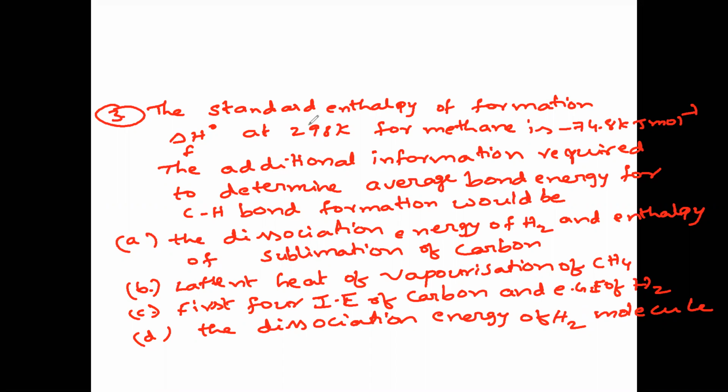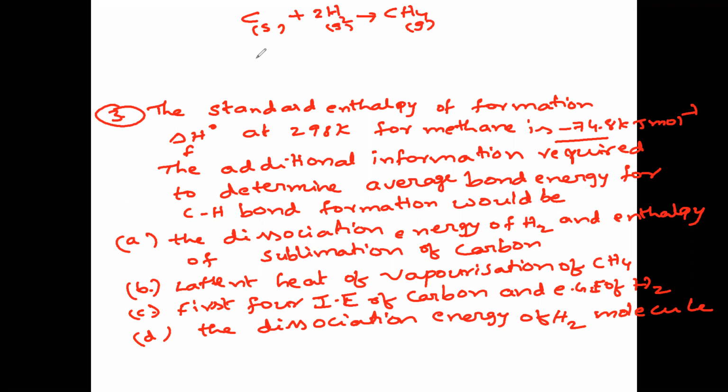So the first option is to find the standard enthalpy of formation of methane gas, which is minus 74.8. So what is the additional information required to determine the average bond energy for CH bond formation? First we see carbon in solid form combines with 2 moles of hydrogen in gaseous form to form 1 mole of CH4. This you should know.